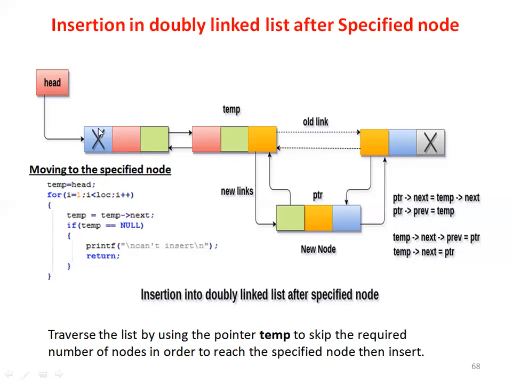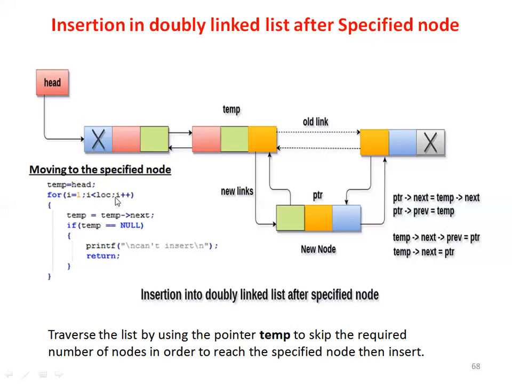Head contains the address of the first node, that's why temp equals head is assigned here. And then here one loop is used. You can see for I equals 1, I less than LOC, I plus plus. So here LOC is the position of the node after which we want to insert the new node.